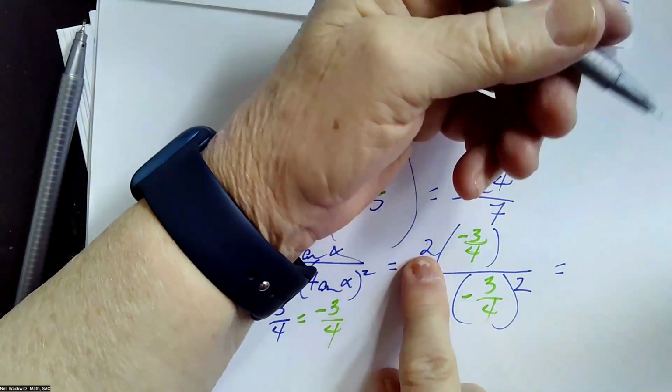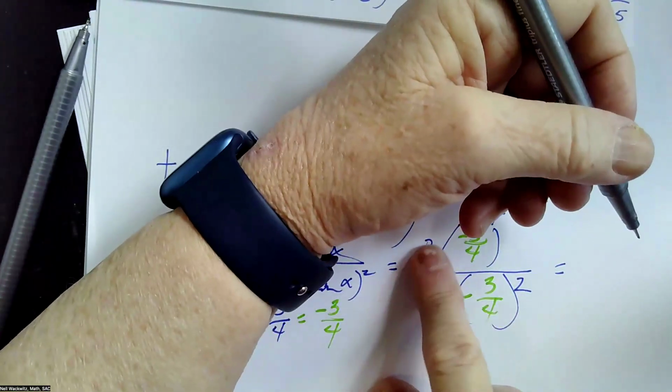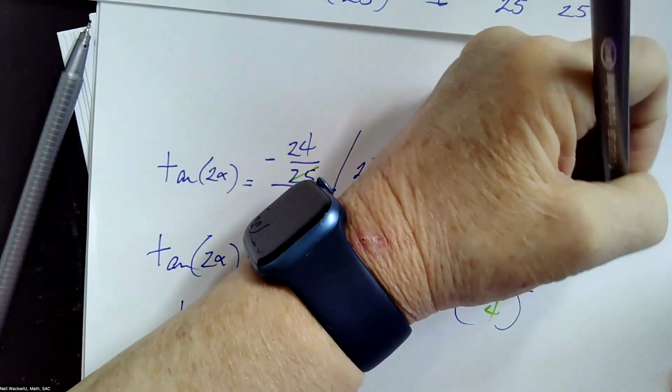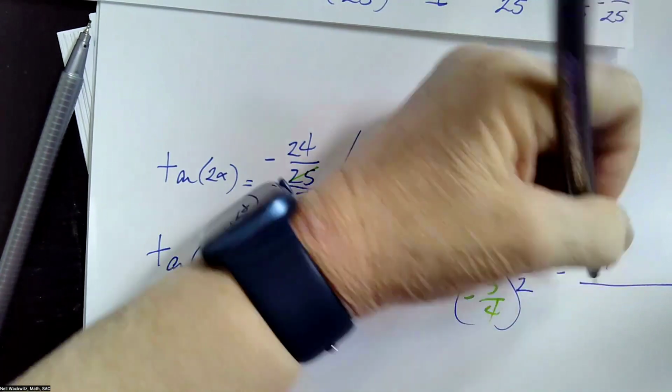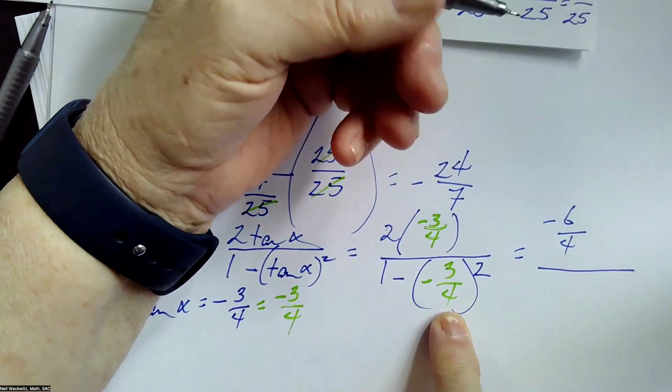And I'm going to leave the 4 in the denominator. I'm going to write 2 times negative 3/4 as just negative 6 over 4. And that's because I know what's going to happen in the denominator. I've got a 4 squared here.